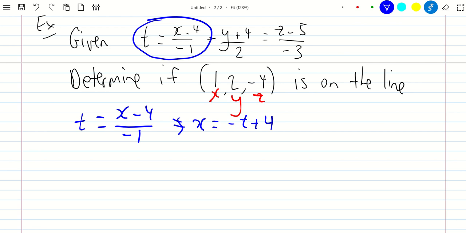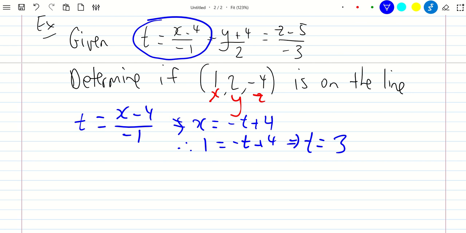And I just want to see for what value of t this is true for our first point here. So if I sub in 1 for my value of x, I get 1 equals negative t plus 4, which leads me to t is equal to 3.